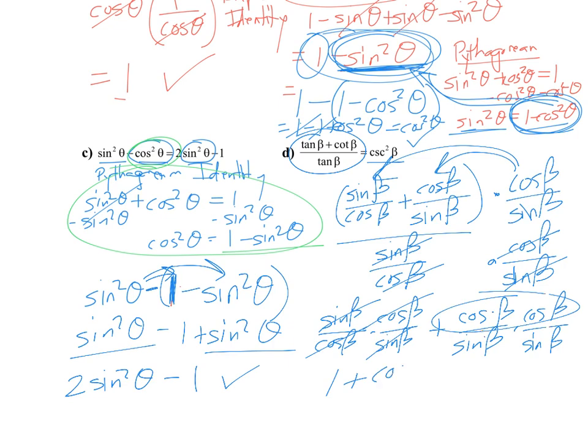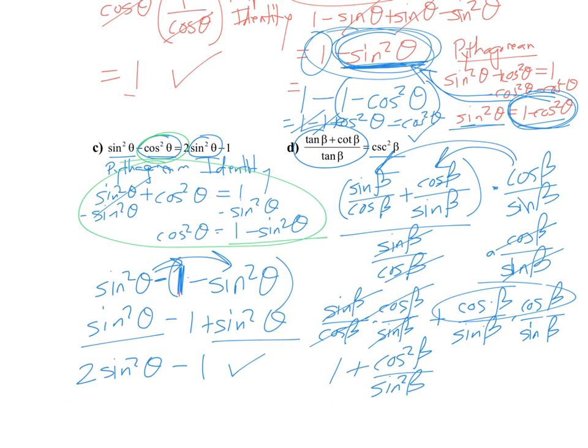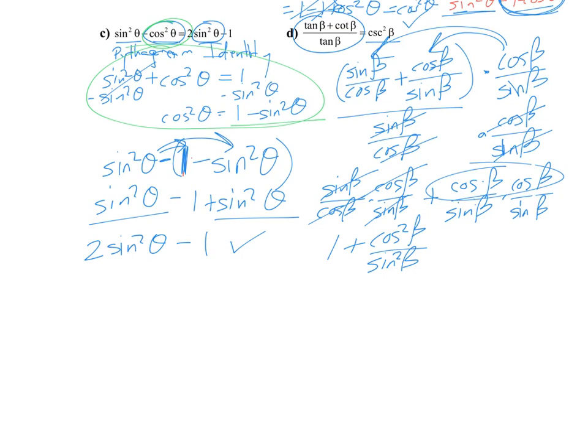So we have cosine squared beta over sine squared beta. And from that, I could rewrite that using the quotient identity as 1 plus cotangent beta squared. And applying the Pythagorean identity to this, that's equal to cosecant squared beta.